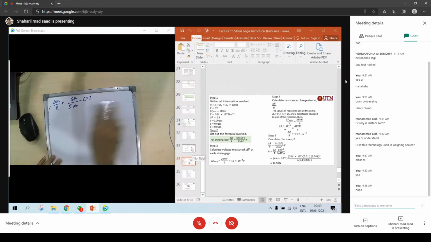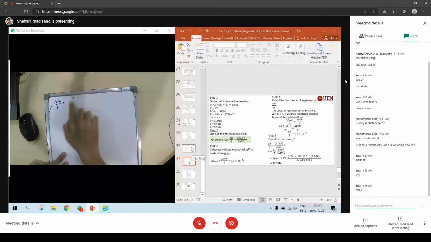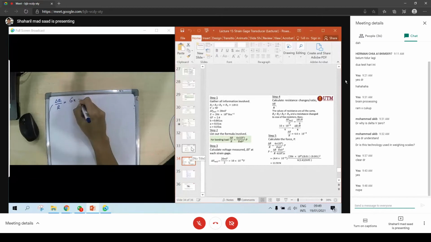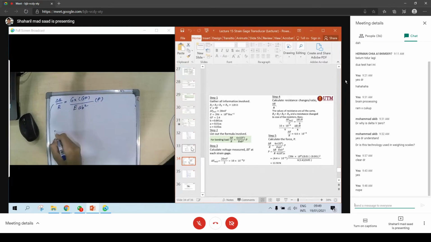So we can draw it again. The formula for the bending load cell is equal to 6x times your GF, divided by E times A B squared, times your P. So the relationship is quite important.